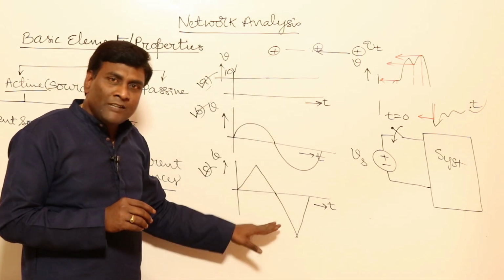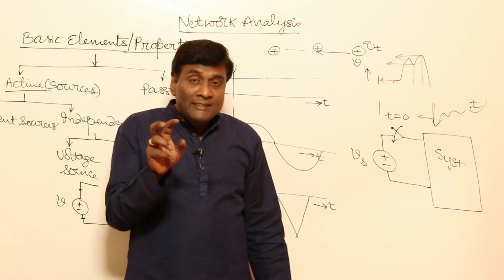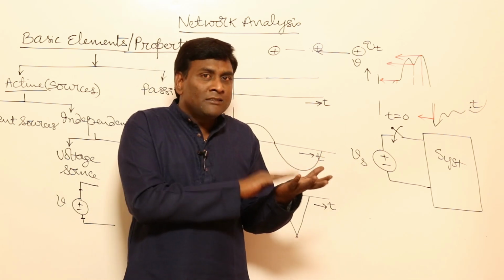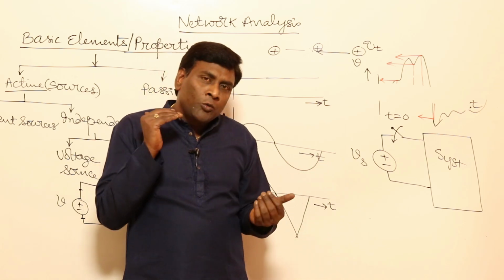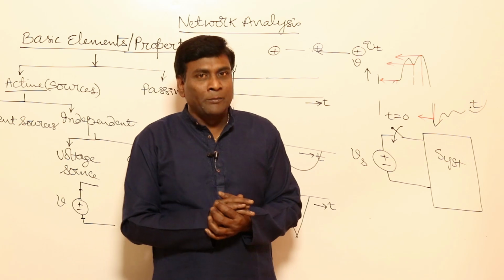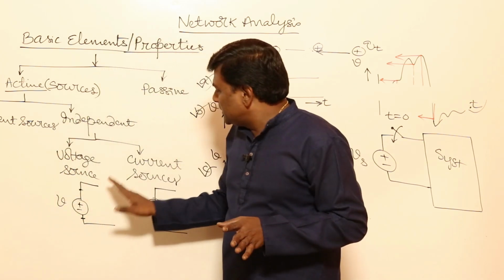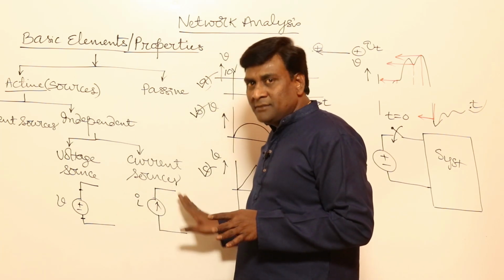One thing you have to understand: network theory is all about the mathematical representation of practical systems. If something cannot be mathematically represented, we will do it at a later stage or in other subjects. So this is about sources. Now, about the independent voltage source and independent current source, we will deal with them again separately.